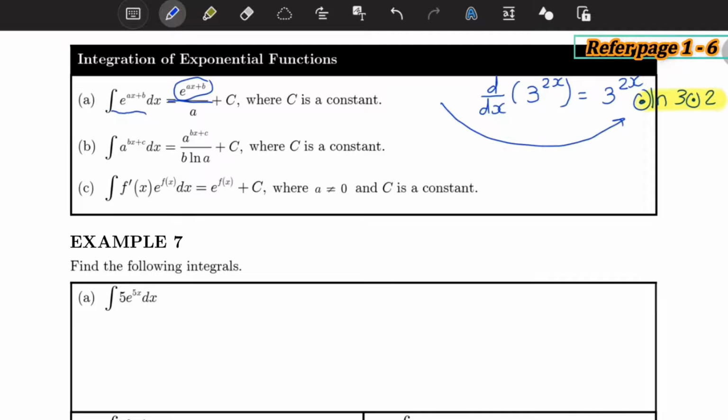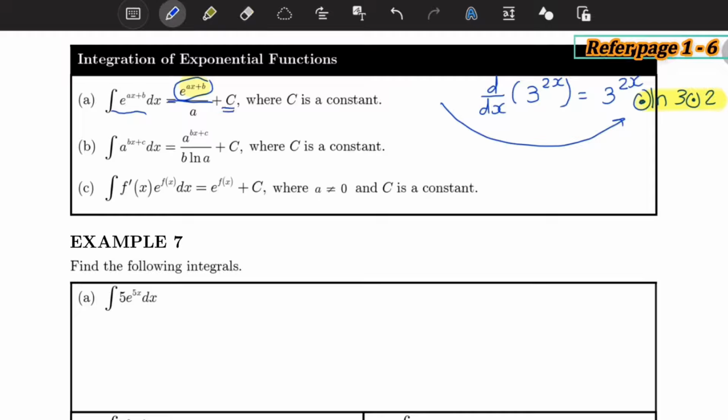For integration, we need to divide by differentiate the power. The power is ax plus b, and differentiating the power will be a. So divide by a. And actually we have ln e here, but we know that ln e is 1. So we write divide by a only.